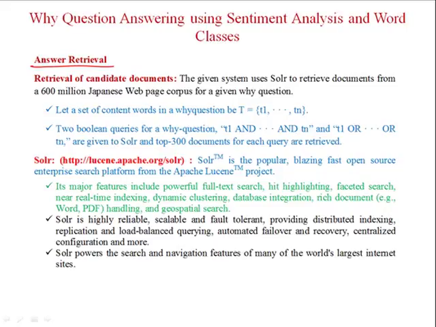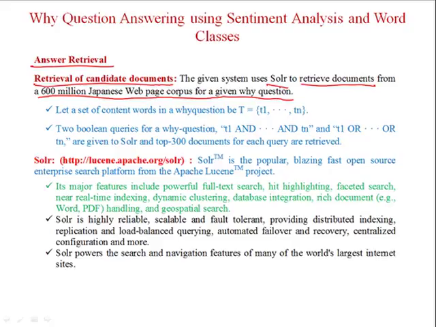Then the first thing is to retrieve the candidate documents which may contain the answer for the occurrence of cancer. The given system uses Solr to retrieve the documents from a 600 million Japanese web page corpus for a given why-question.